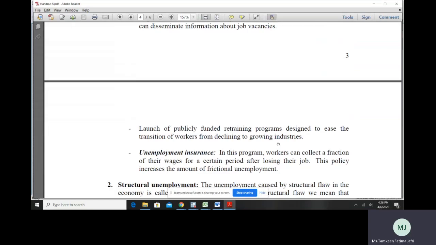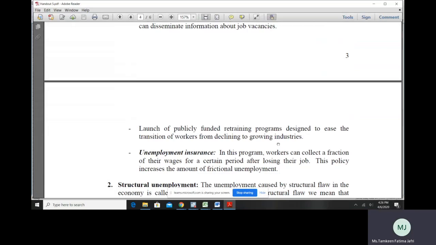So जो declining sectors के workers हैं, ज़रूरत ये है कि उनको फिर retrain किया जाए so that they can get absorbed in the sectors which are now growing. So for this, the government can launch some vocational training programs, या आप universities में emphasize करें कि आजकल इन जॉब्स की डिमांड है, तो आप अपने कोर्सेज को इस तरह अलाइन करें कि they are creating individuals which can be easily absorbed into the job market.